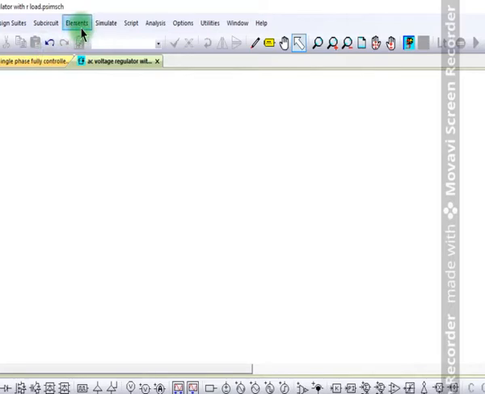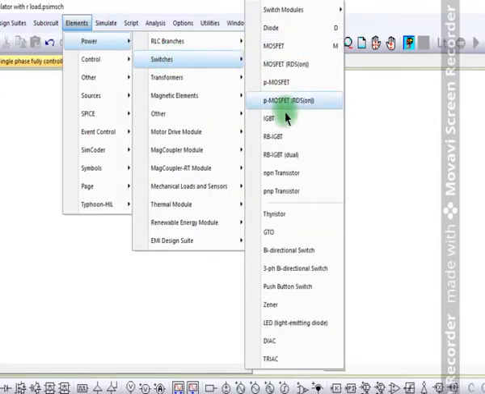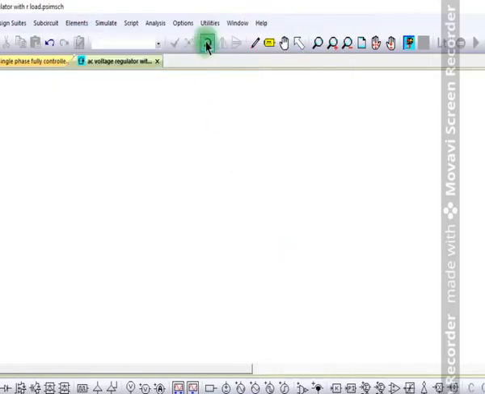So for this we required SCR, so we'll go to the elements and power switches, and then we'll go with the thyristor. Just rotate it as usual as per our convenience. So now we required to design like this.